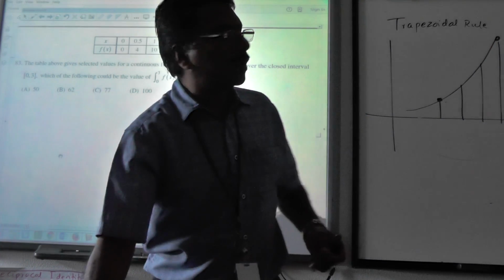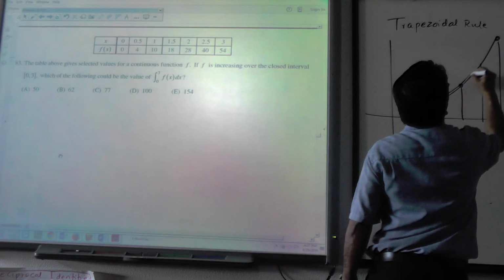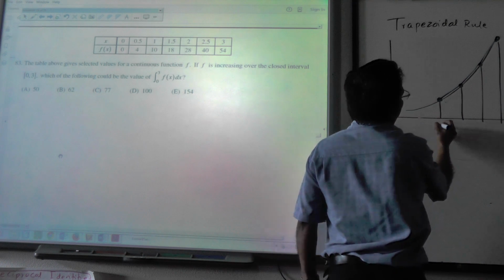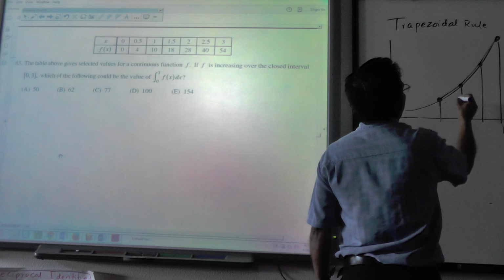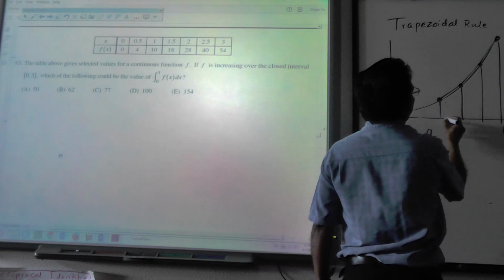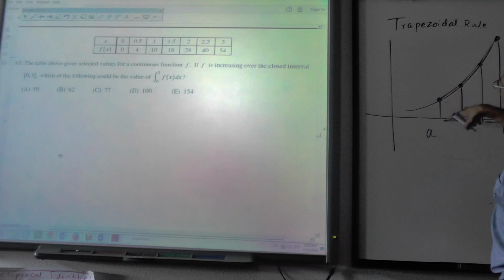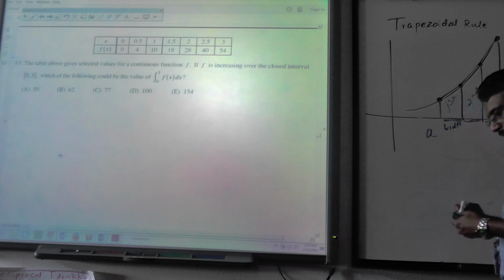What the trapezoidal rule says is you can join these points like this. Since this is the starting point and this is the ending point, you have the width, and then you have a trapezoid all the time. So you use the first trapezoid, the second trapezoid, the third trapezoid. This is an example for the first one.